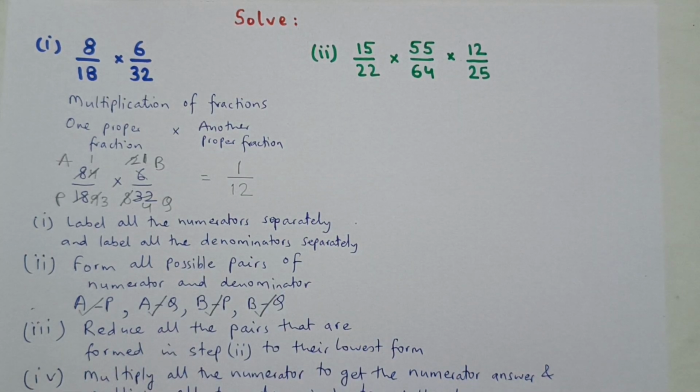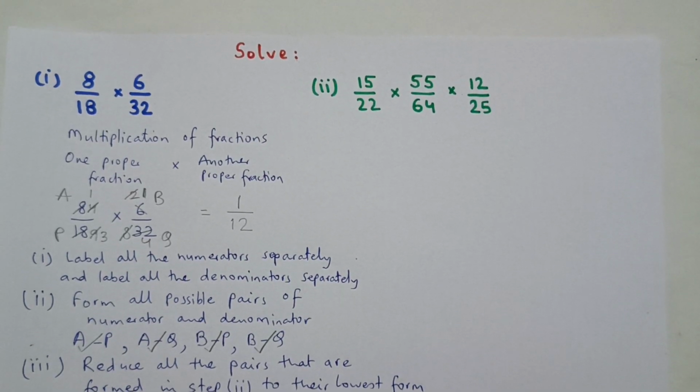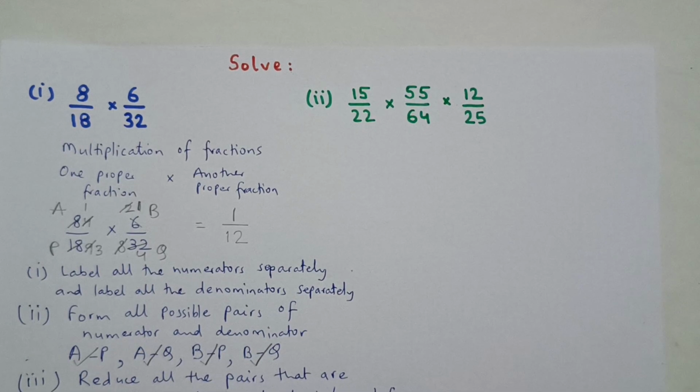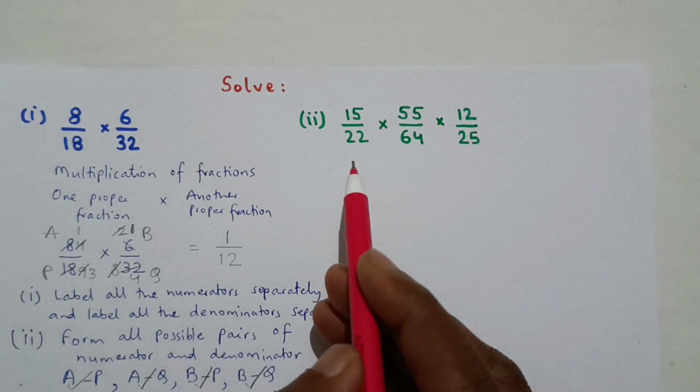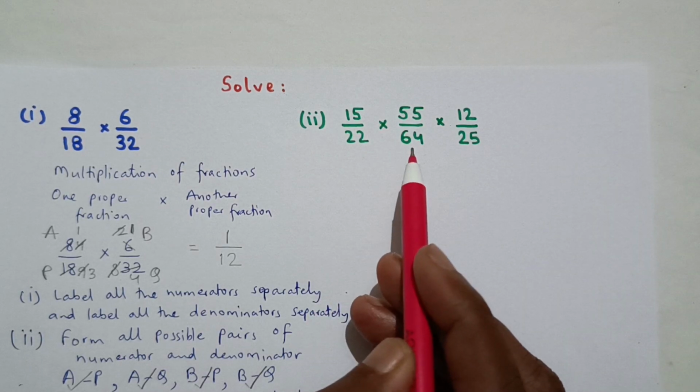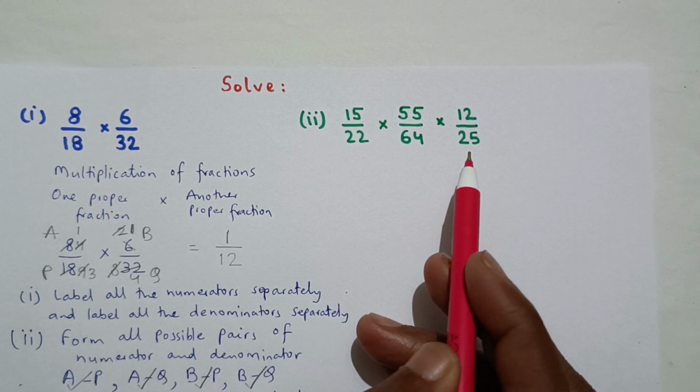And now let us do the other questions of this same category to help us understand this concept better. So question number 2 is 15 by 22 multiplied to 55 by 64 multiplied to 12 by 25.